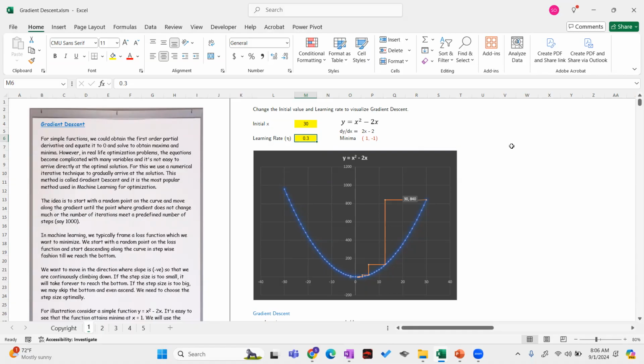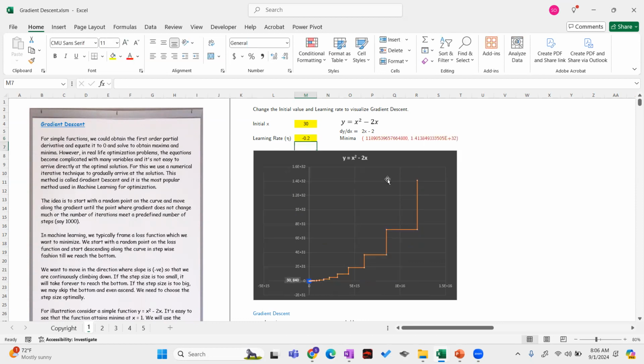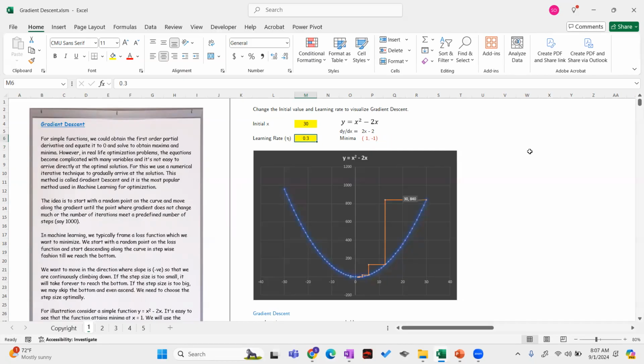So instead of going to minima, you're just running away from minima. I have not tried it, but let's see what happens. Yeah, it just leaves the curve. Okay, all right. So we are good with this. Let's move on.